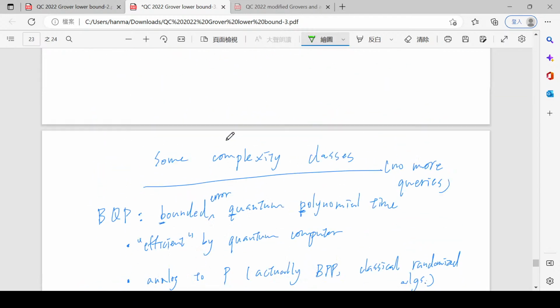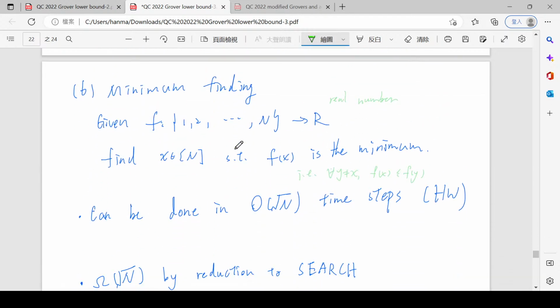Okay. Another problem that can be put as a subalgorithm everywhere is this minimum finding. And the problem, well, it's very similar to its name. So you are trying to find the minimum of your function.